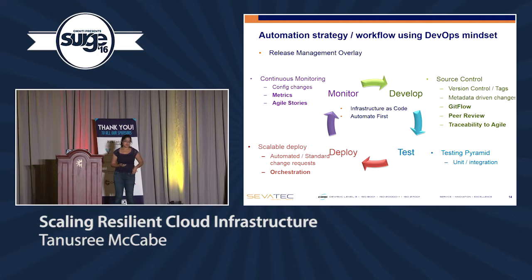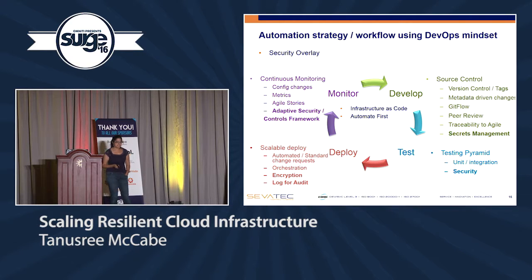And then continuous monitoring in terms of agile stories, I'm a big fan of continuous improvement. And so for me, continuous monitoring also means when I'm monitoring my infrastructure as code and I have an idea for improving something, I'm going to feed that back into my agile story development, my backlog, my requirements, or what have you.